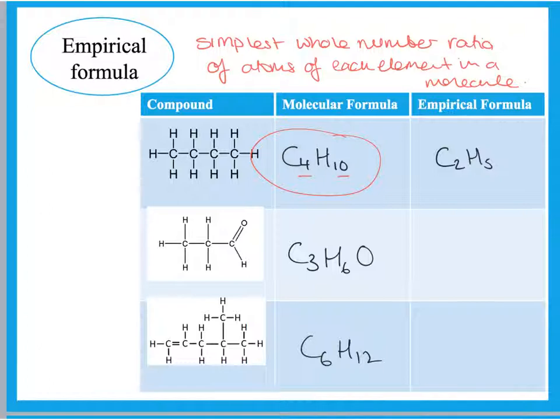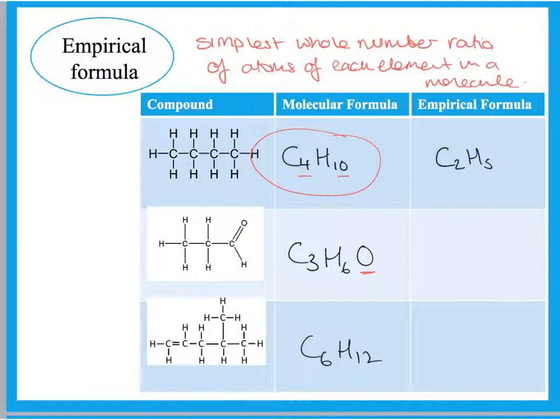Okay, moving on to the second one. We've got 3 carbons, 6 hydrogens and 1 oxygen. What number can you divide 3, 6 and 1 by? You can only divide them by 1. Because you've got this oxygen on its own, that tells you you're not going to get it any simpler, because you can't get it any smaller than 1.